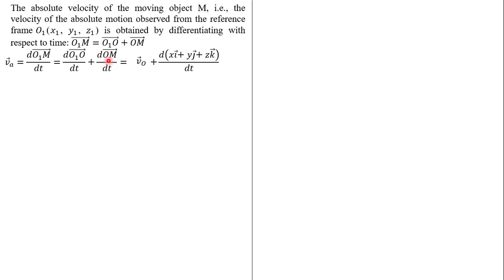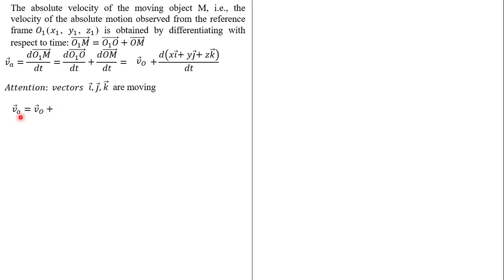dOM over dt. We said that OM can be written as xi plus yj plus zk. So here we have to pay attention. Vectors i, j, and k are moving. i, j, and k are unit vectors in the moving frame, so they are moving. They can rotate, they can translate, so di over dt is different than 0, dj over dt is different than 0, and dk over dt is different than 0.